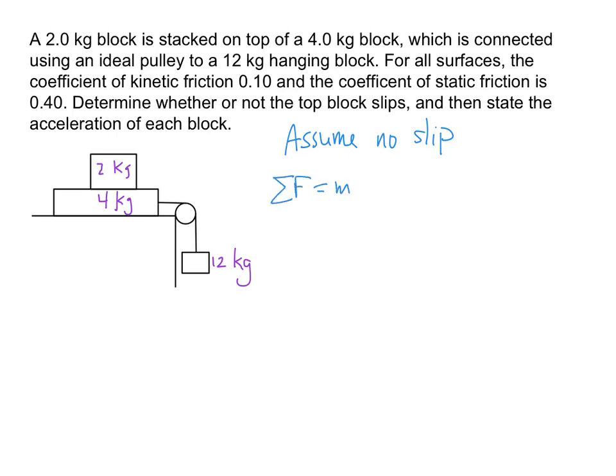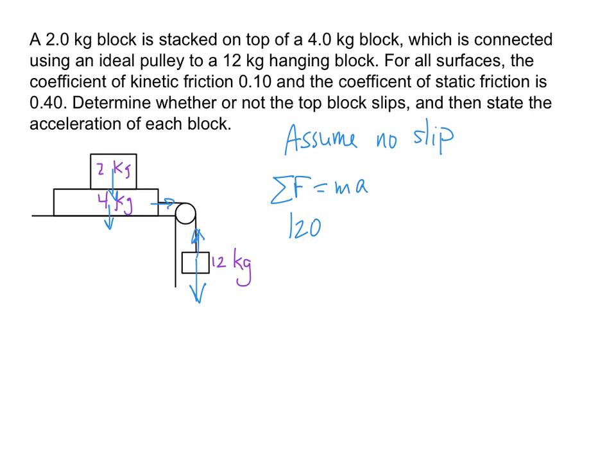If I look at the system, then I have this weight pulling down 120 newtons. Now I do have weights pulling down here, but they are perpendicular to the motion, and so they don't affect that horizontal motion of those blocks. So I'm not going to worry about that with the net force. I have tension pulling here, and I have tension pulling here.